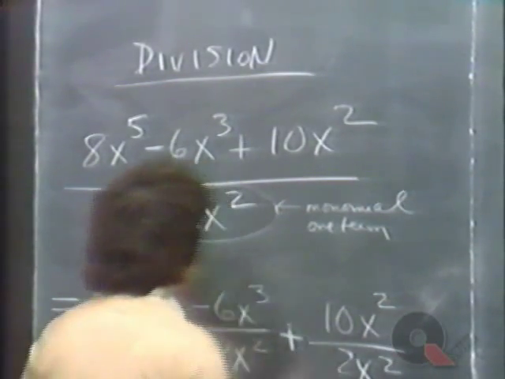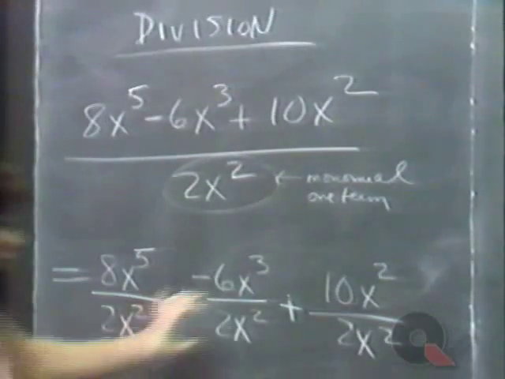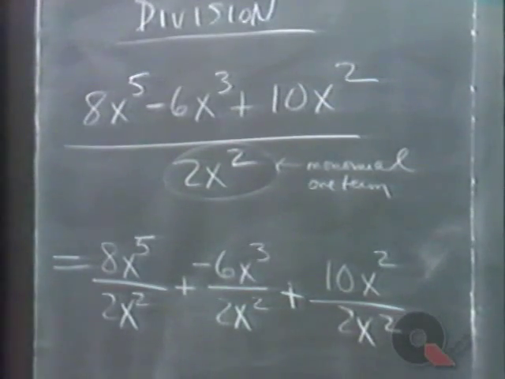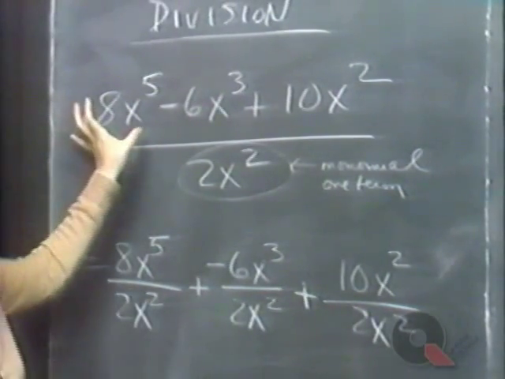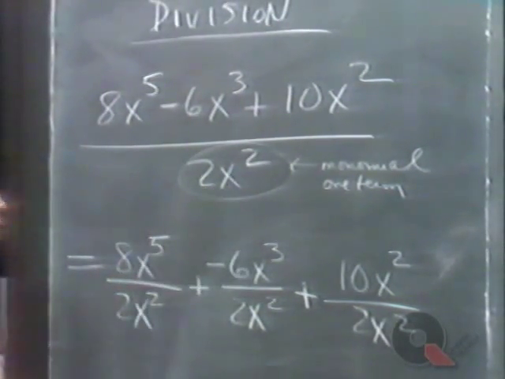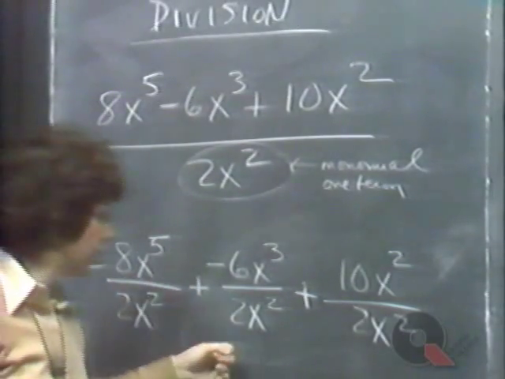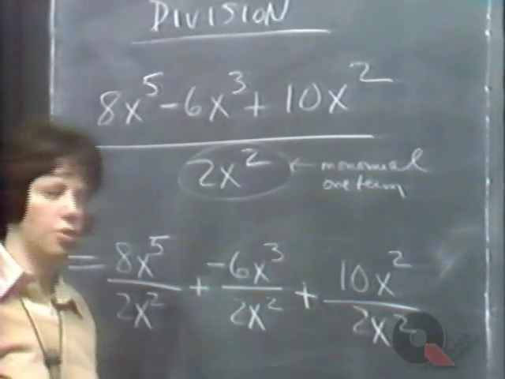In other words, it breaks up into 3 little problems, each one of which can be done very easily. You take the first term in the numerator and divide by the monomial, the second term in the numerator, divide by the monomial, and the third term.